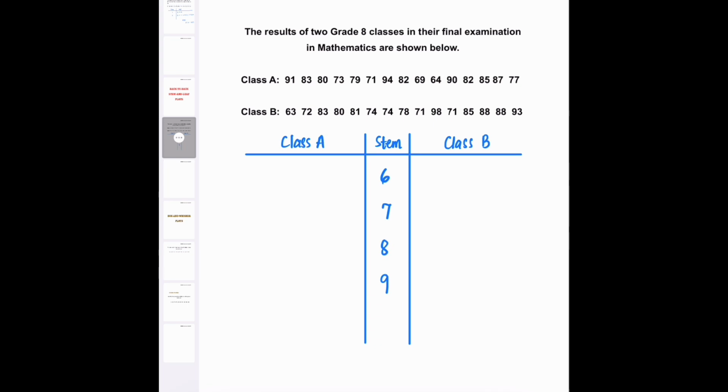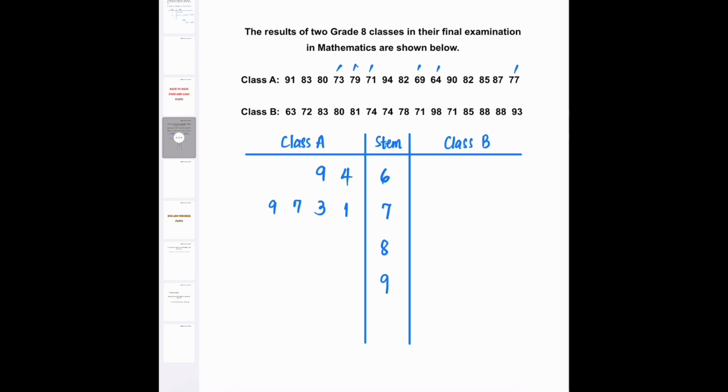For Class A, the lowest we got was 64, so we have 4 in here. Next to 64 is 69. Next would be 71, and 73, 77, 79.